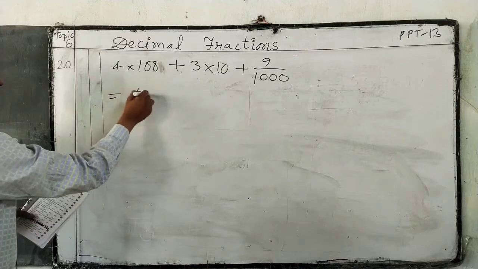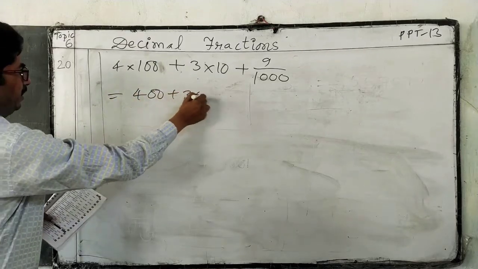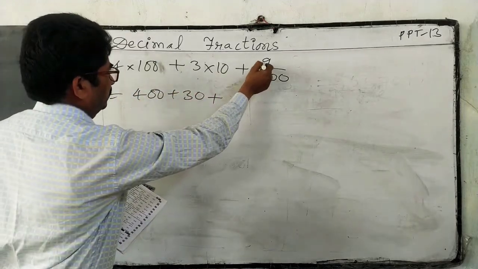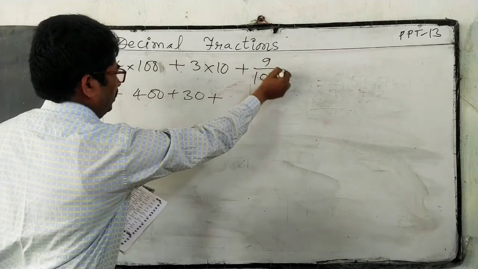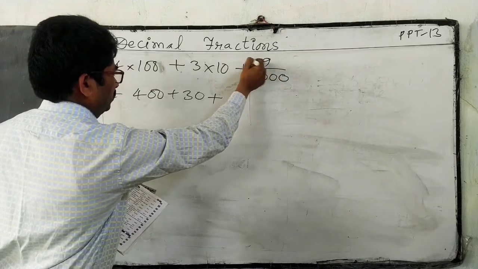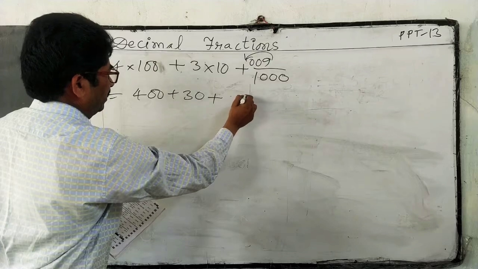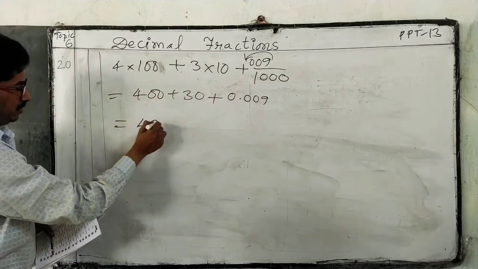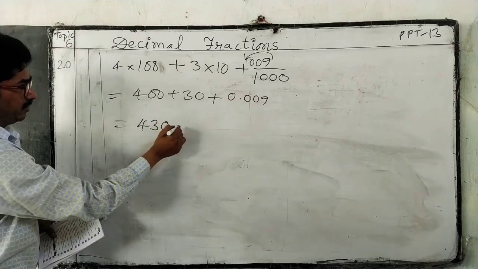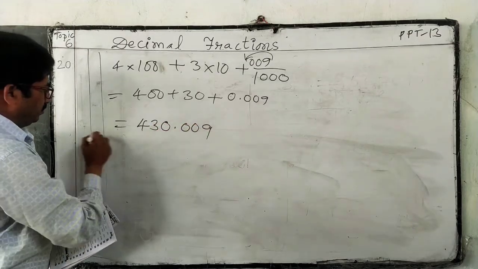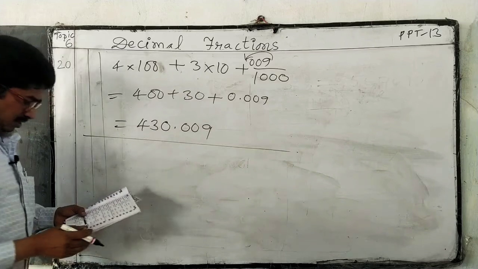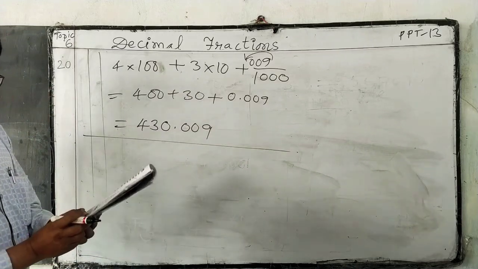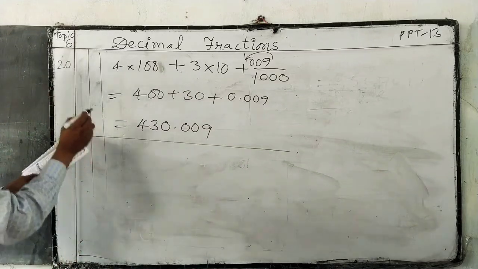So this is 400 plus 30. To divide by 1000, shift the decimal to the left by 3 places: 0.009. So 430.009. Option 3.